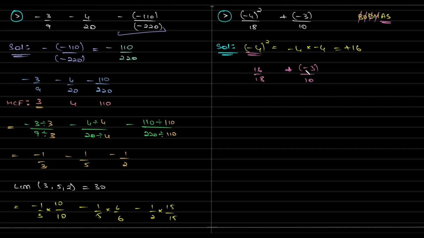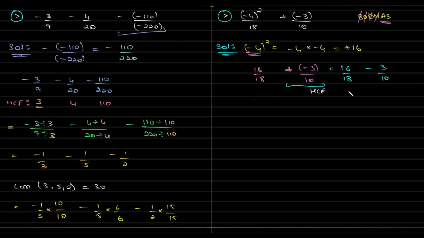So once that is done, we're looking at this. So here there is a sign issue, positive of negative. So we have 16 by 18, positive of negative is negative 3 by 10. Is it not? So what is the next step? We have to check if there is a simplest form.